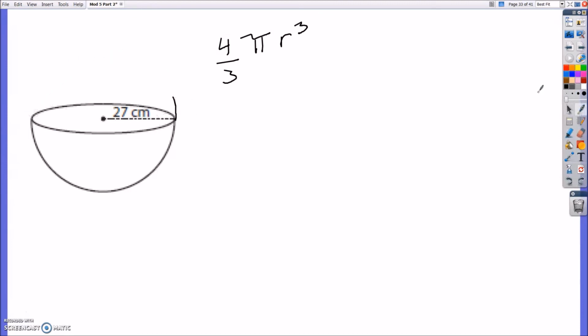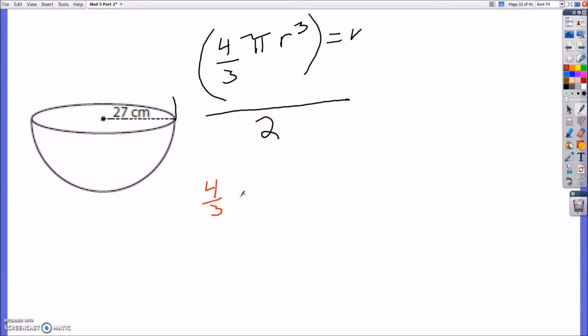So whatever my volume is at the end of this, what I'm going to do is take the entire answer and divide it by 2 because I'm cutting half of it out. So what this would look like then is I would have 4/3 times 3.14 times 27 to the 3rd power. And whatever my answer is, I'm only looking for half the sphere, so I'm going to cut the whole thing in half.